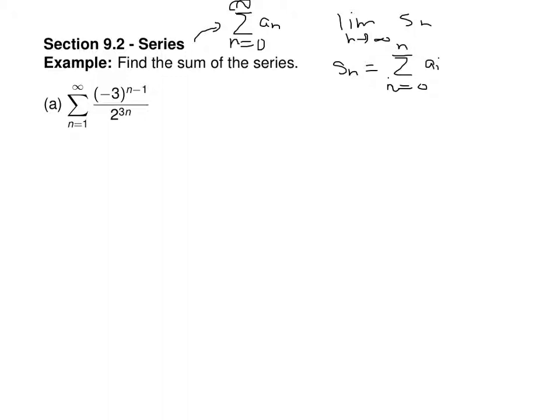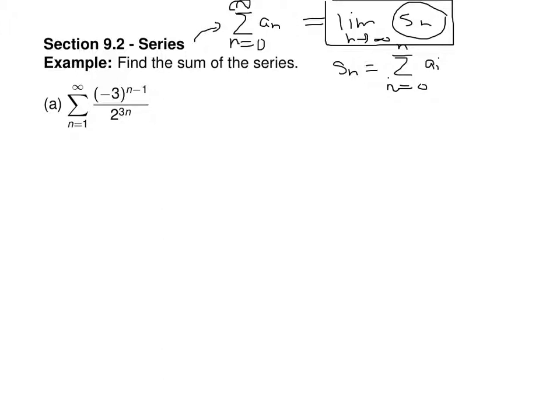So in this s sub n sequence, the first term is just the first term of the series by itself. The second term is the first two terms added together, etc. And this limit of partial sums is what gives you the sum of the series.